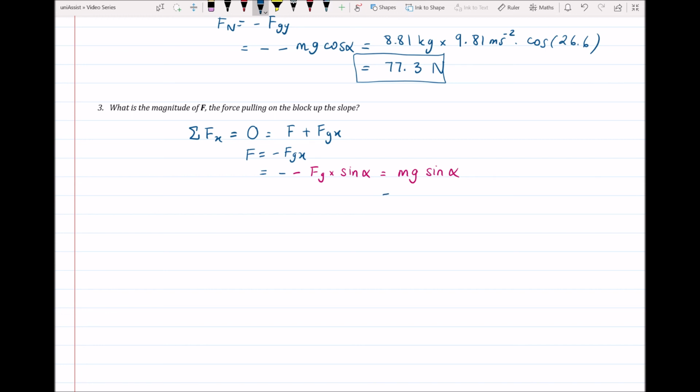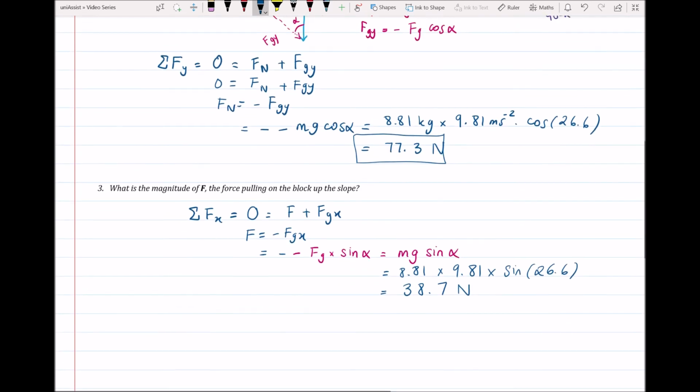So in total, again, I like to keep my significant figures, it is equal to 8.81 times 9.81 multiplied by sine 26.6, which in the end is equal to 38.7 newtons. Don't forget your significant figures. So that's the end of this question here.